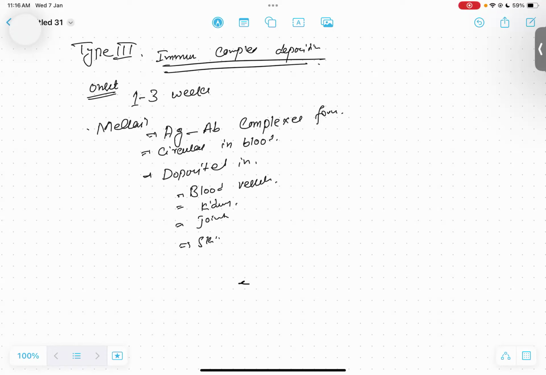After deposition, it activates the complement system, which then causes inflammation and tissue damage as well.